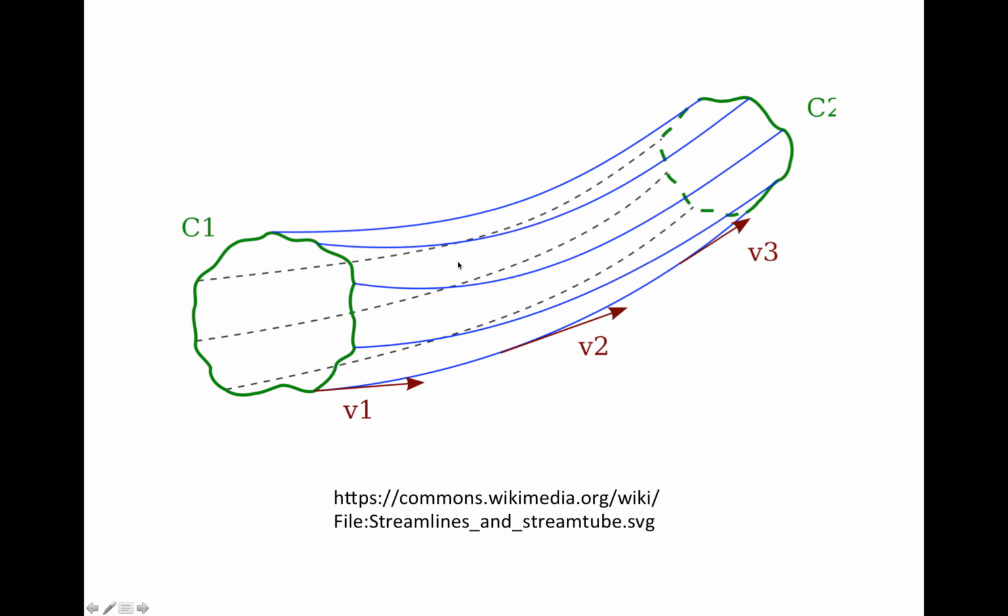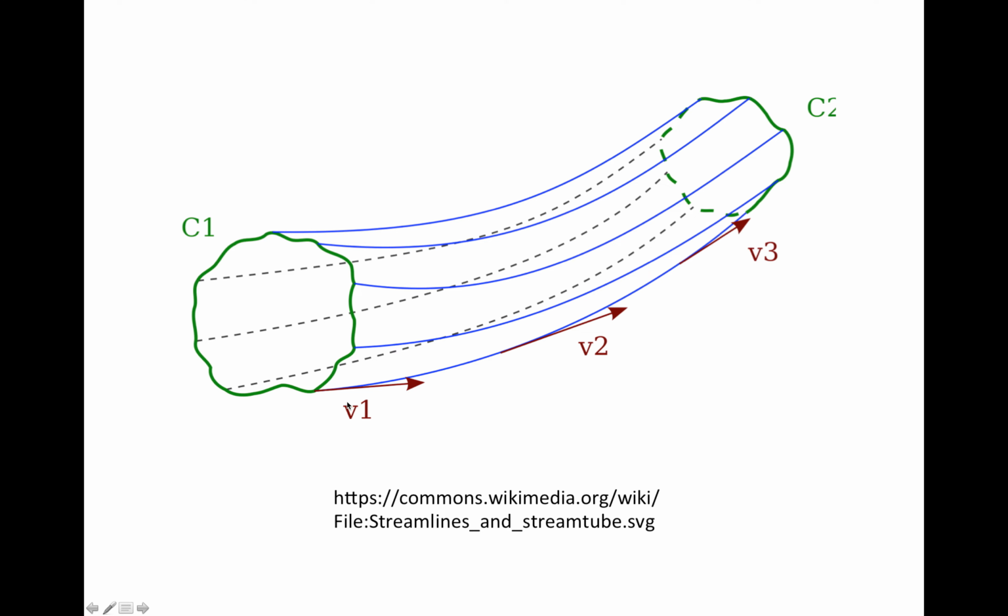space. If we consider flow in three-dimensional space, then we can come up with the concept of a stream tube with its boundary defined by a collection of streamlines. In this case, all those blue lines are streamlines located on the boundary of the stream tube.